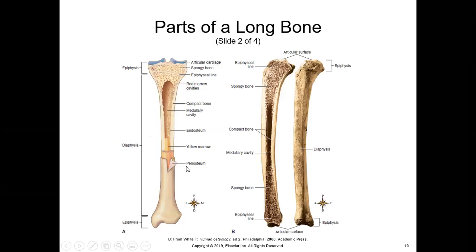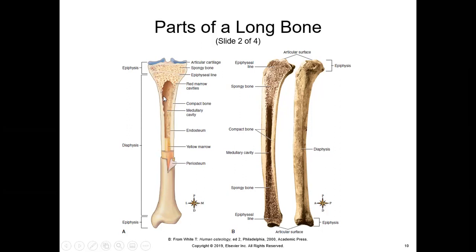Then we'll talk about the periosteum. Peri is around, osteum is bone. This is a sheet-like material around the bone that allows the tendons for muscles to attach to it. You see this medullary cavity? It's an open space, as this would be hollow, except it's filled with yellow marrow.